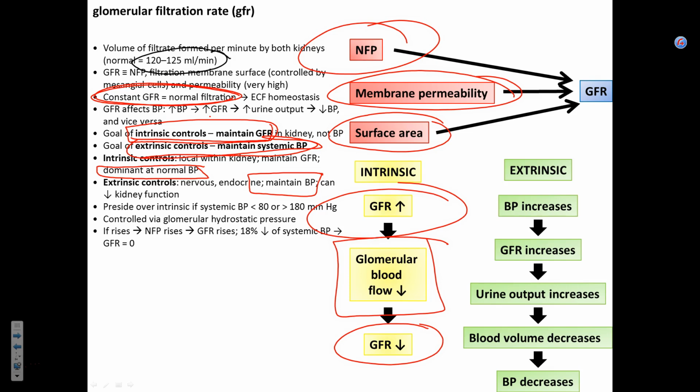So if systemic blood pressure is dangerously low or dangerously high, the extrinsic controls, even at the price of the functional kidneys, will maintain normal blood pressure. Do you understand? So basically, they preside over the intrinsic controls at the systemic BP over 180 or lower than 80. Does that make sense? Question?